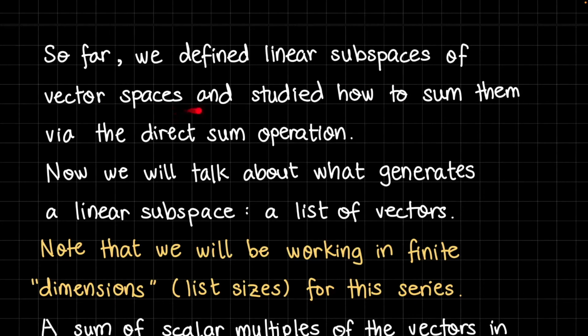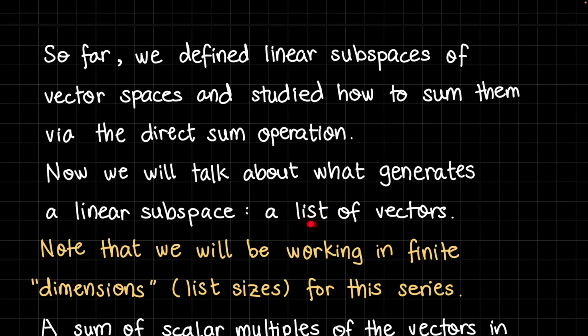That was the last video, and studied how to sum them via the direct sum operation, so that we preserve the algebraic structure that comes along with being a subspace of a vector space. And we will talk about what generates a linear subspace, which is also known as a list of vectors.